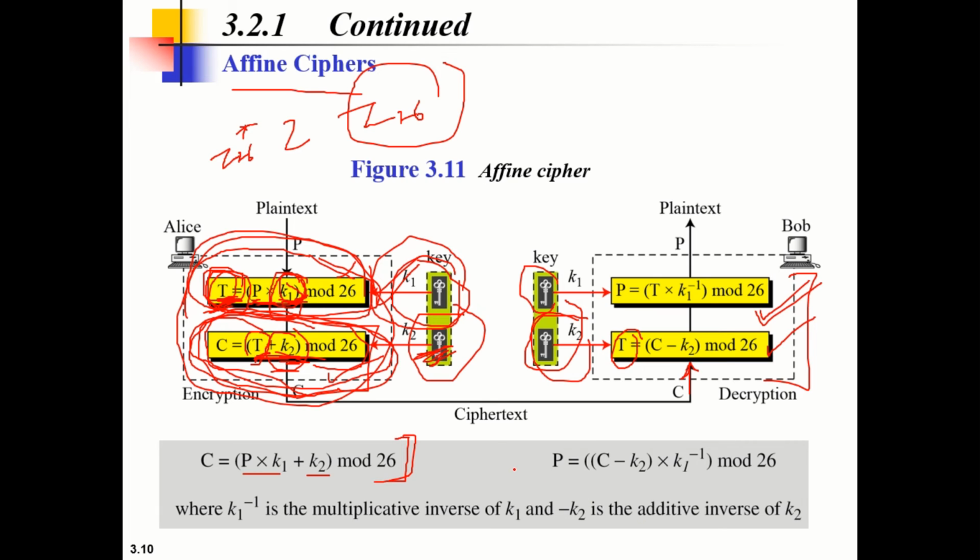At the decrypting end, we subtract the value first, and then we use the multiplicative inverse, or we divide this value by the multiplicative inverse. This is how we implement the affine cipher for encrypting any given message. Here it also tells you that this is the multiplicative inverse of K1, and this is the additive inverse of K2.